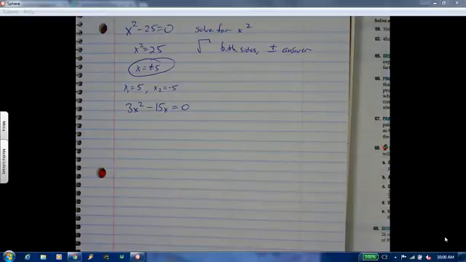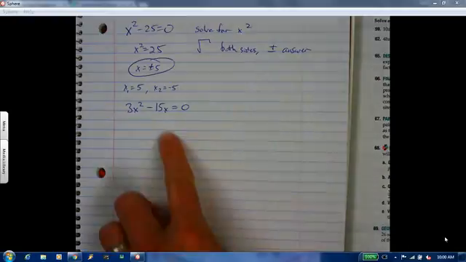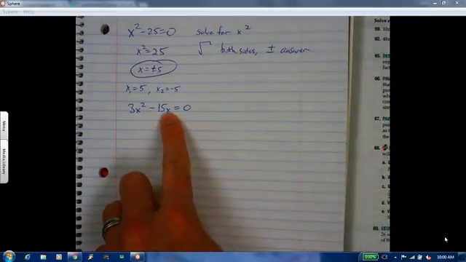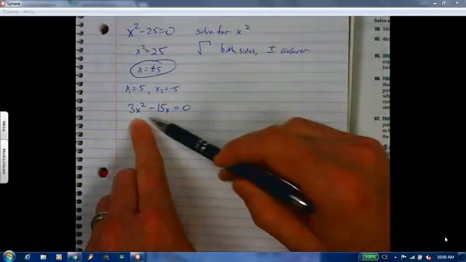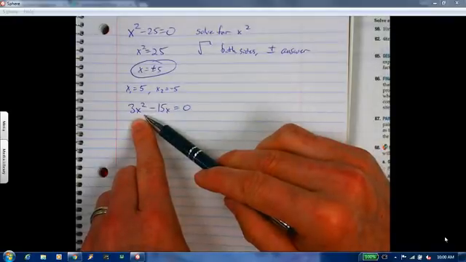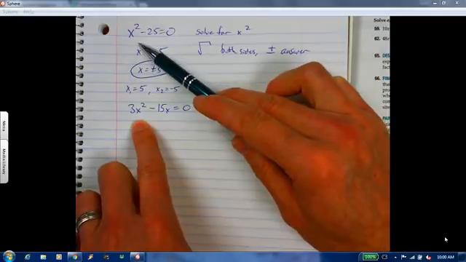Is there an x? 15x right there. So can we solve for the x squared in this case? No.